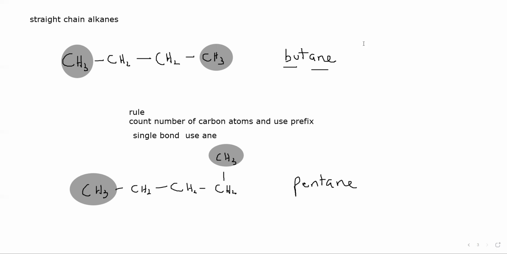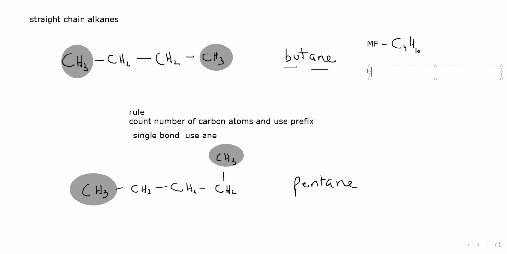What is the molecular formula of butane? For the first one, butane, the molecular formula is C4H10, and the second one is C5H12. And what is the empirical formula?